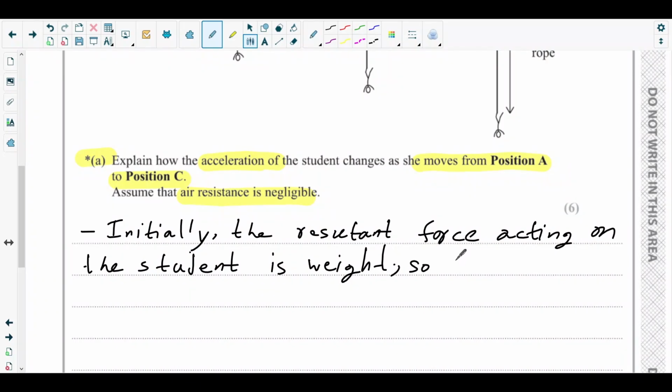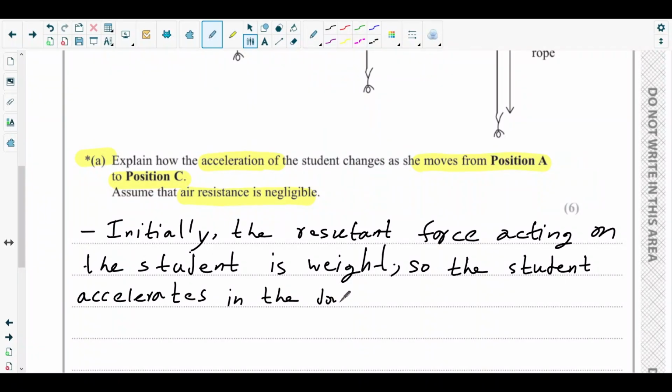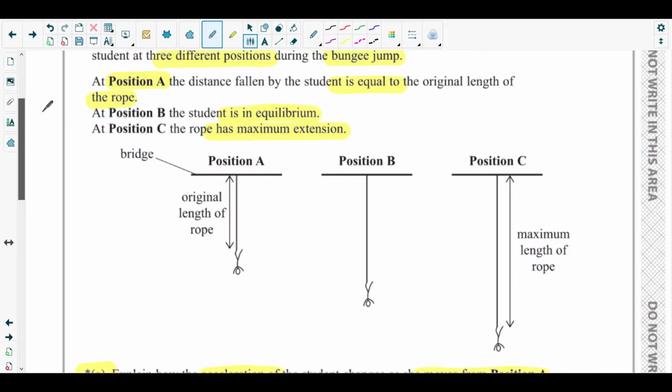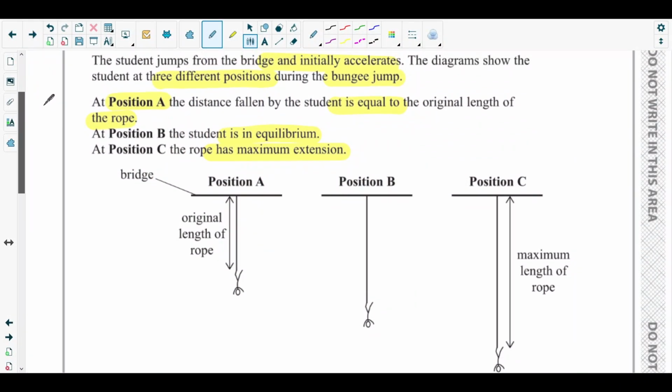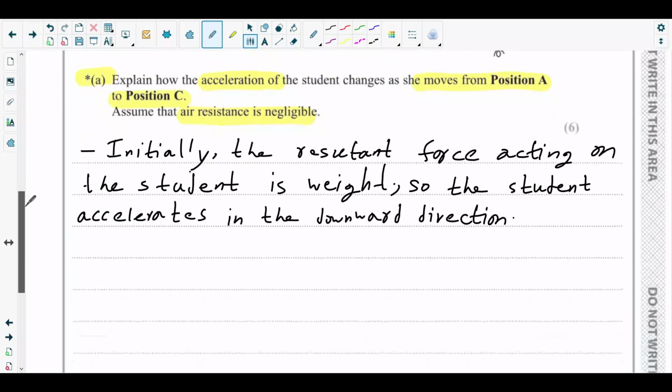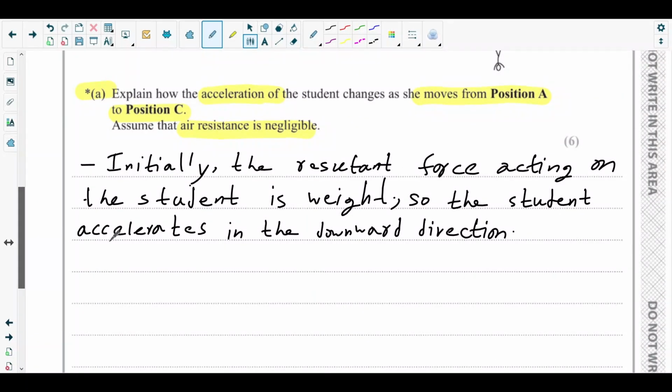So the student accelerates in the downward direction. So in position A, basically the student is accelerating in the downward direction. So the student accelerates in the downward direction in position A.